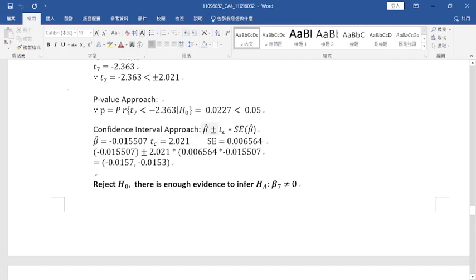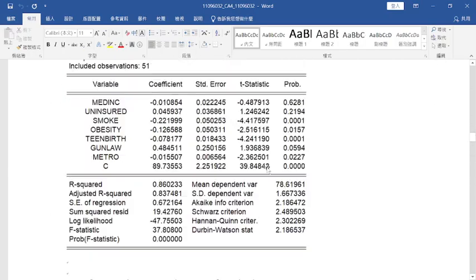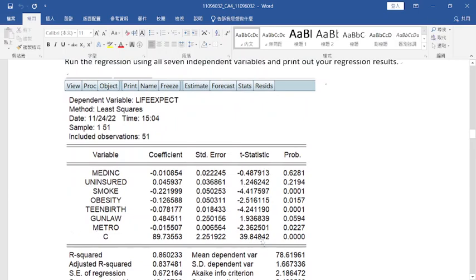Because we have to multiply the standard error. No, the standard error of the beta instead of the beta. This is the beta, and this is the standard error of the beta. So you have to use these numbers. Okay, so we don't have to multiply it.